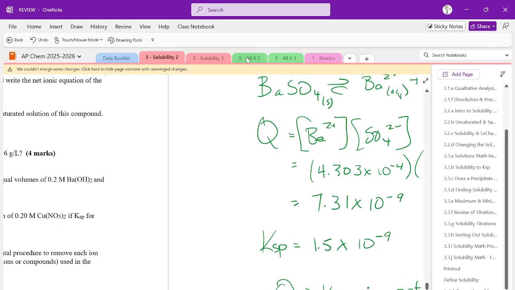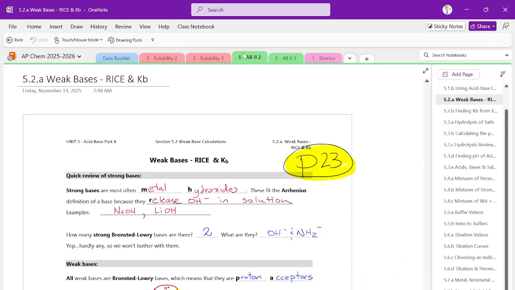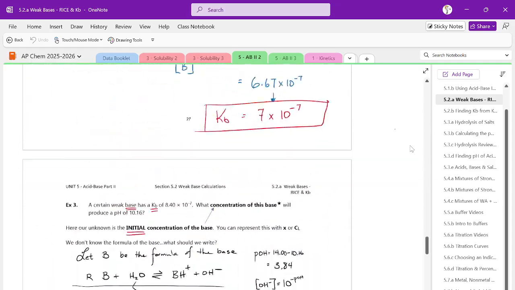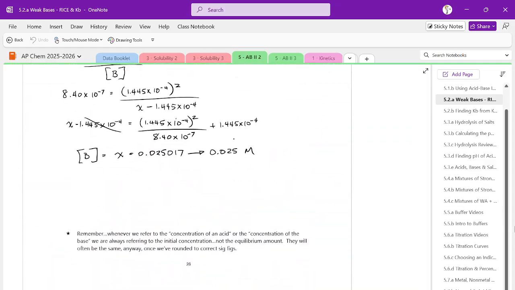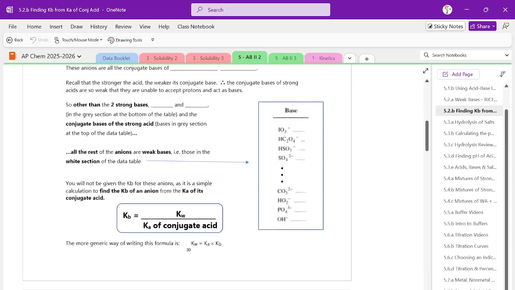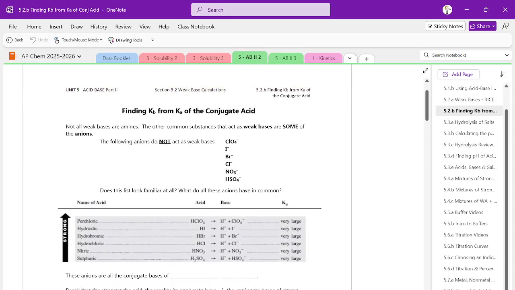Acids and bases. And we had done all of this. Yeah, we finished that. So we are now on 5.2b, which is on page 30. It was the calculation one, yes?